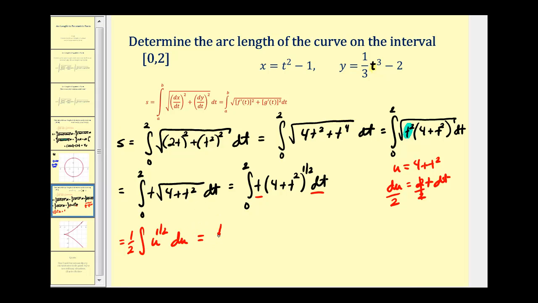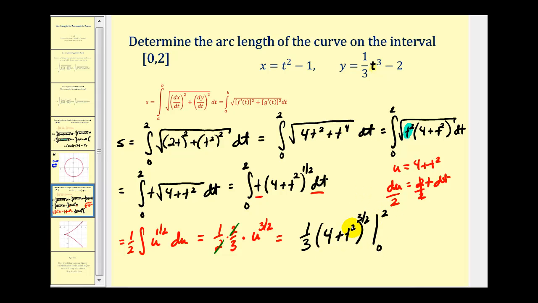So this will equal 1/2 times u to the 3/2 divided by 3/2, which is the same as multiplying by 2/3. So we'll have 1/3 times 4 plus t squared to the 3/2 power evaluated at the upper and lower limits of integration.